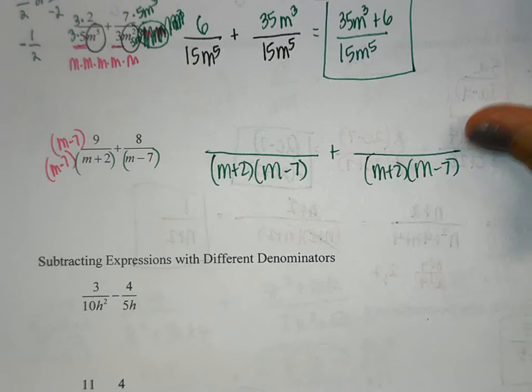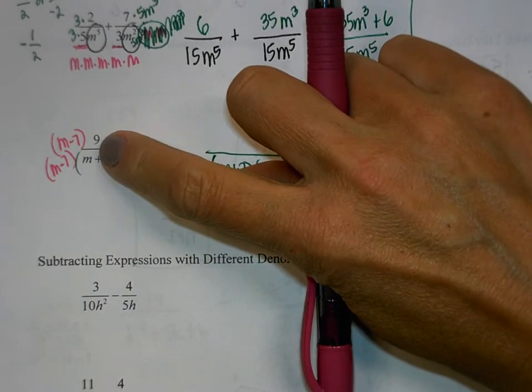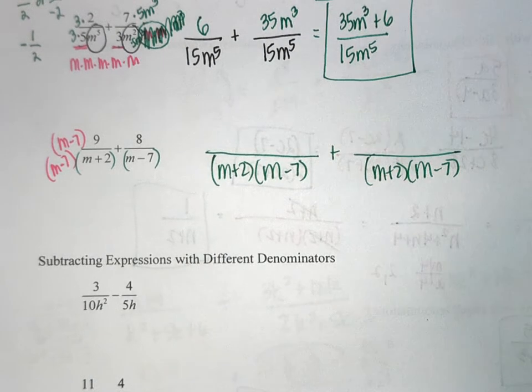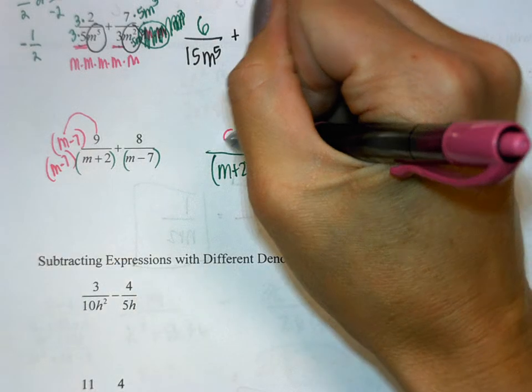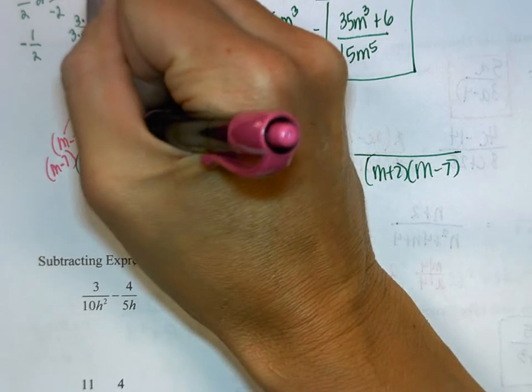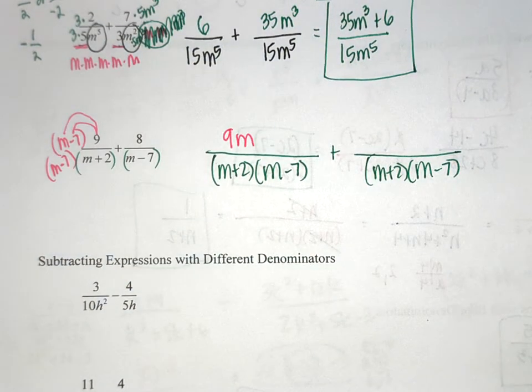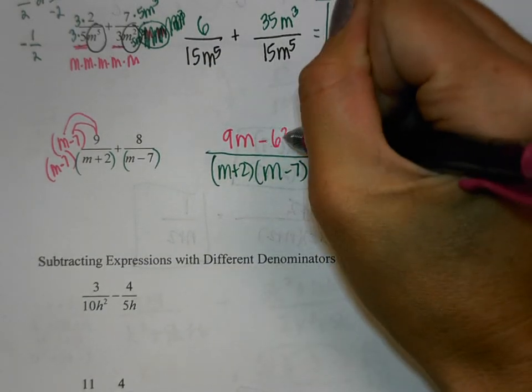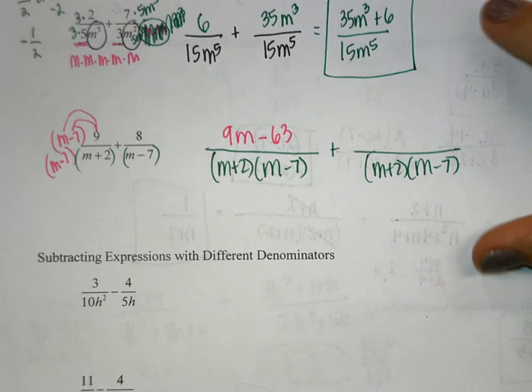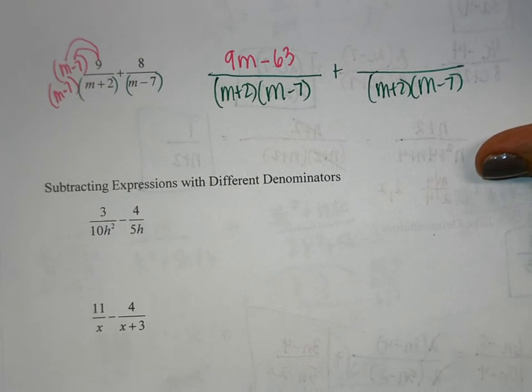Now there's already a 9 here. So what do you think I'm going to do? Exactly. We're going to go 9 times m, which is 9m. And then 9 times negative 7, which is negative 63. Good. Now in the second fraction, what am I missing? Good.